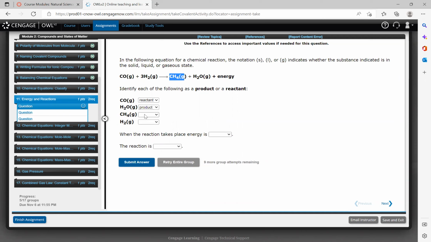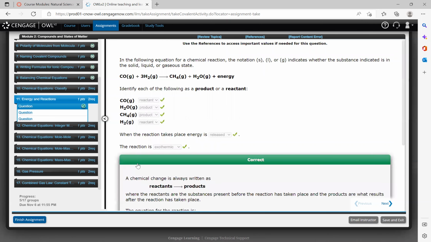CH4 is methane gas. That's a product. And then H2 is a reactant. And it says when the reaction takes place, energy is what? Because energy is on the product side, it's going to be released. And so this is going to be an exothermic reaction.